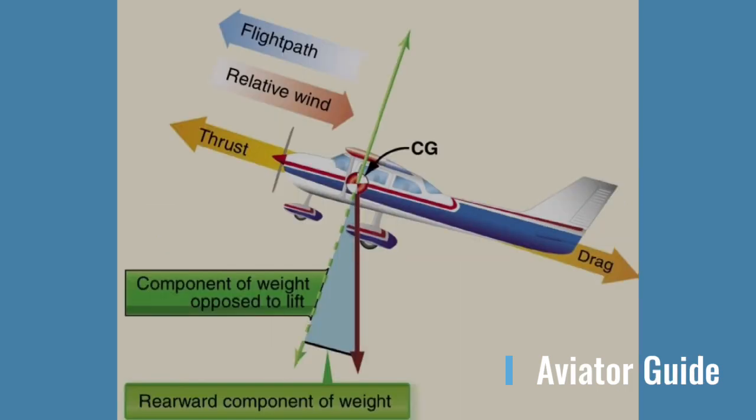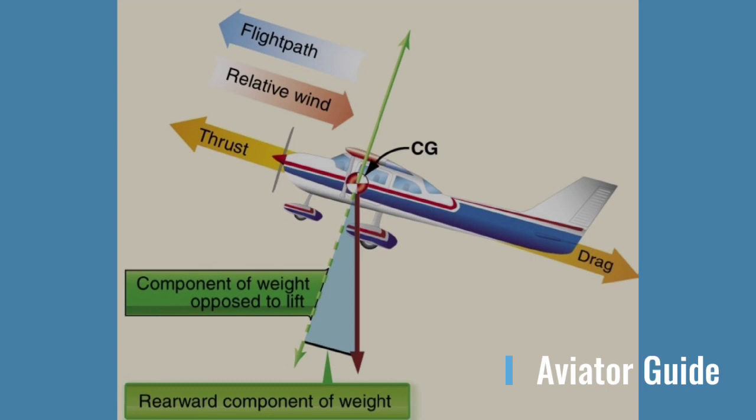This refinement of the old thrust equals drag, lift equals weight formula explains that a portion of thrust is directed upward in climbs and acts as if it were lift, while a portion of weight is directed backwards and acts as if it was drag.